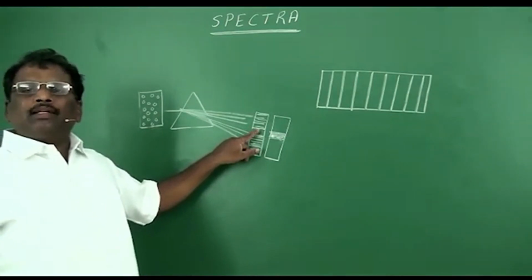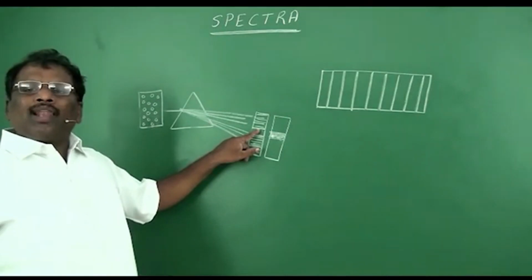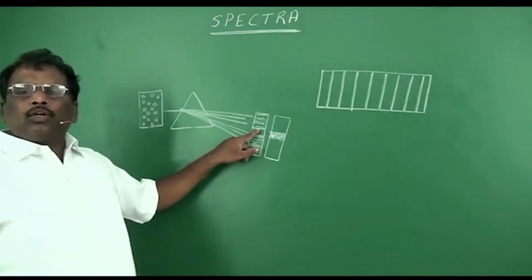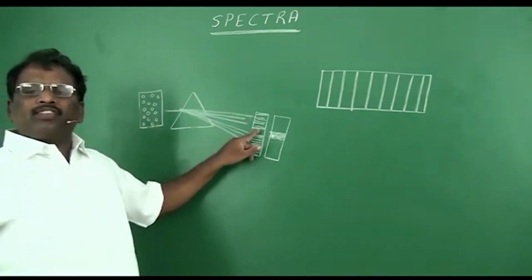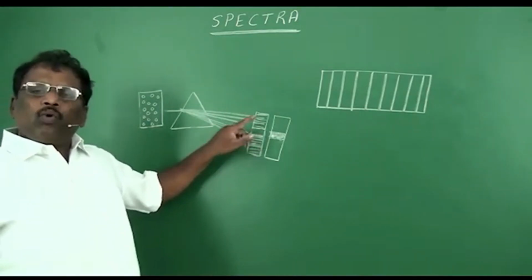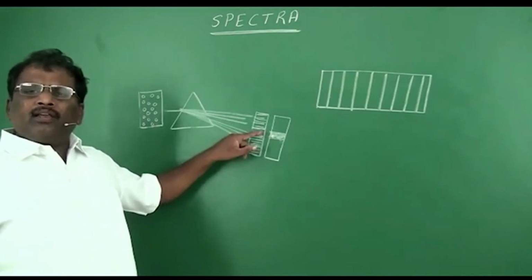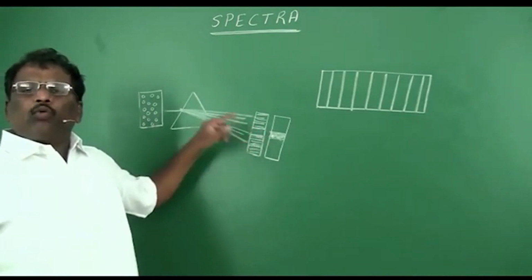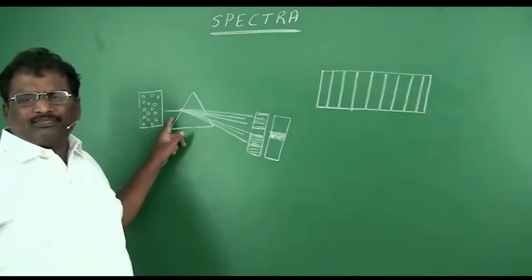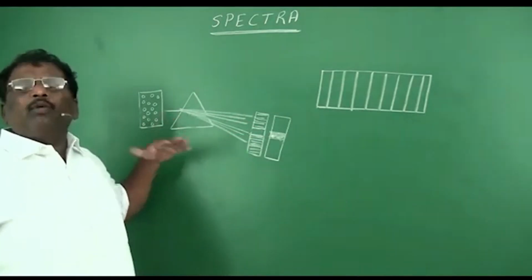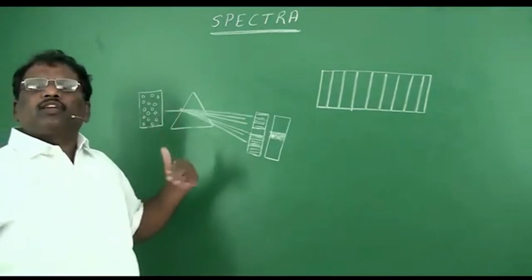There will be a line here. But when the light is passed through the sample of atoms before it enters the prism, one or two lines will disappear. Those lines indicate the wavelength of light radiation that was absorbed by those atoms. By that way, we can estimate the position of electron in that atom.